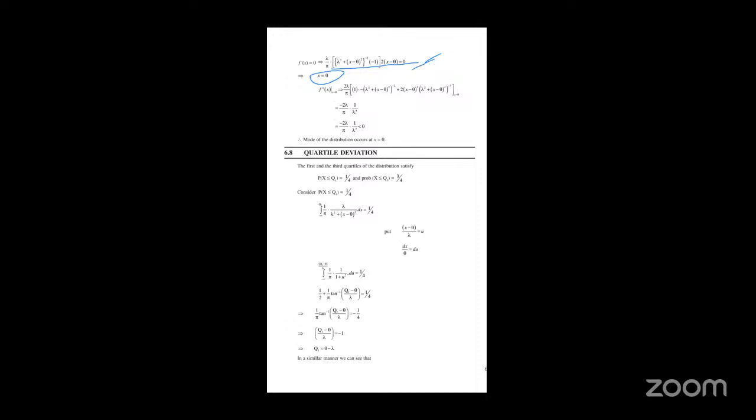After equating this, if we do double differentiation, we'll get a value less than 0. So both conditions are satisfied, and we take that as the mode. So the mode is x equals theta.